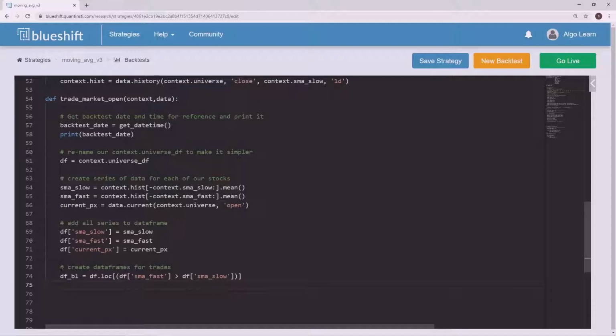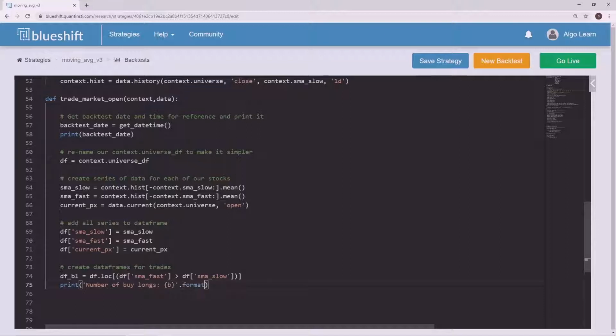And so what I want to do here is I want to print. Here's what I'm going to do. We're going to print number of buy longs. And so we're going to do some things a little differently here. So we're going to do B, and then we're going to hit the single close quote, and then we're going to hit dot format.